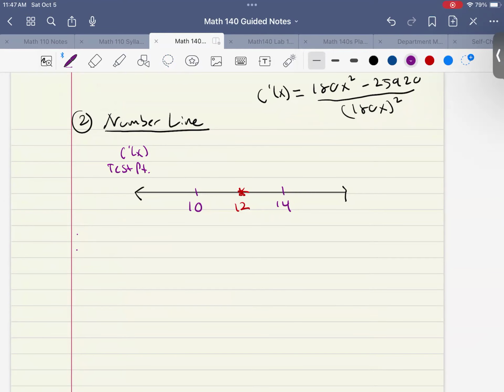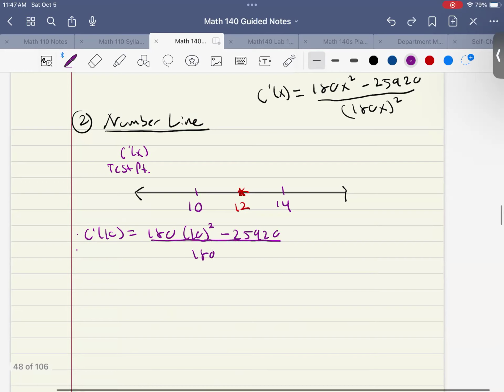C prime of 10 equals 180 times 10 squared minus 25920 all over 180 times 10 squared.